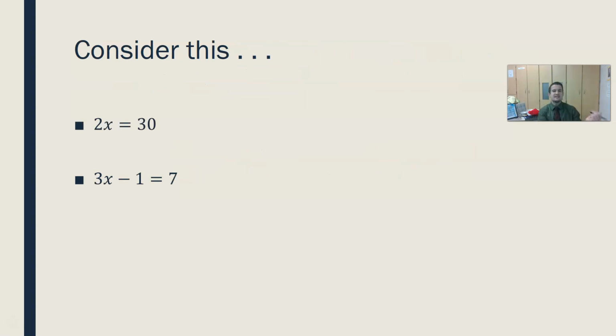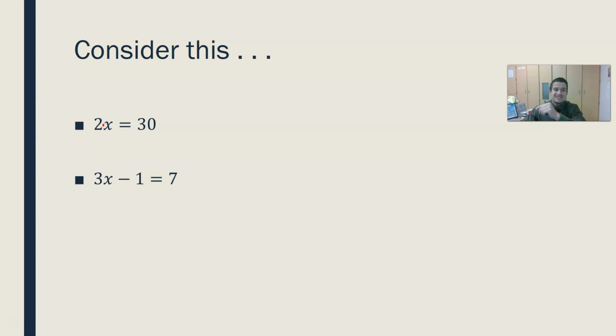So, consider this. I have two different equations. If I gave you the instruction to solve for x in these equations, what would you do? Hopefully these steps are familiar. If I have 2x = 30, in order to get x by itself, I need to undo everything that's being done to x. This is 2 times x.